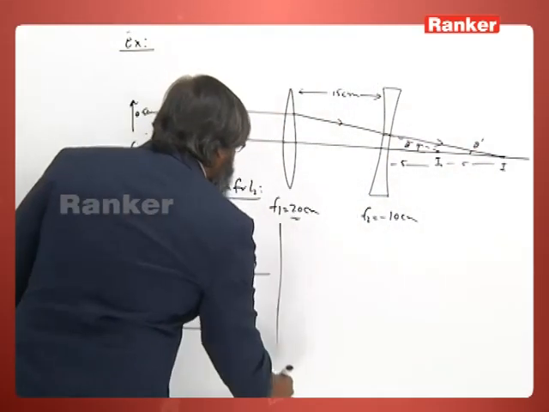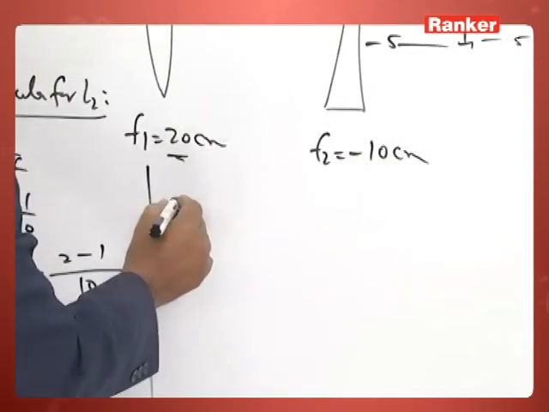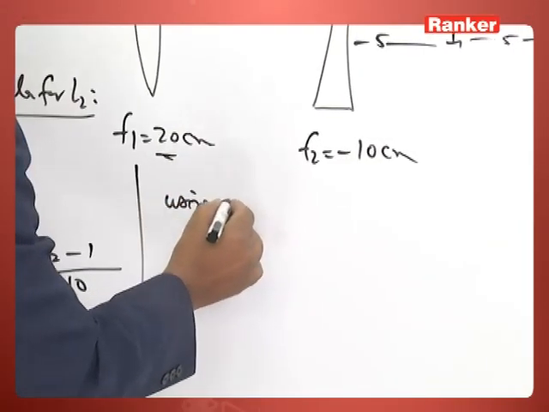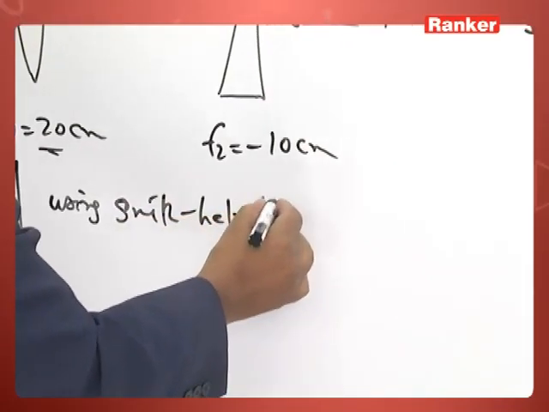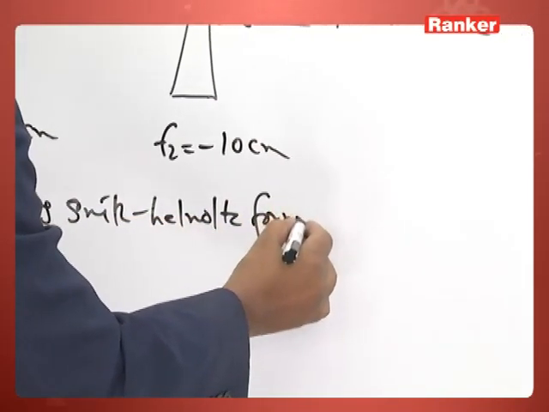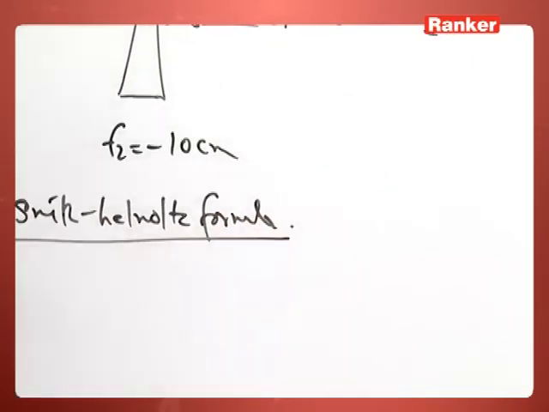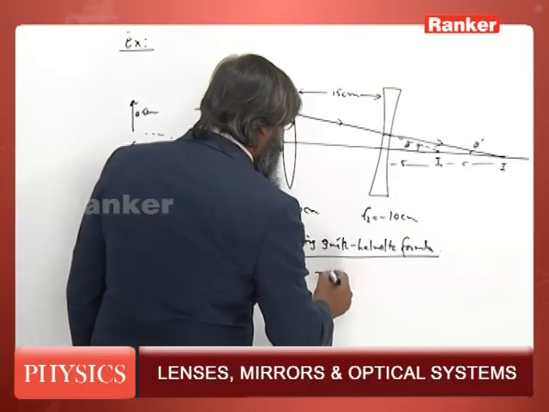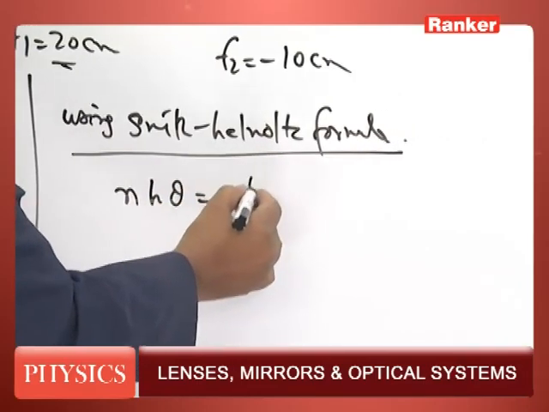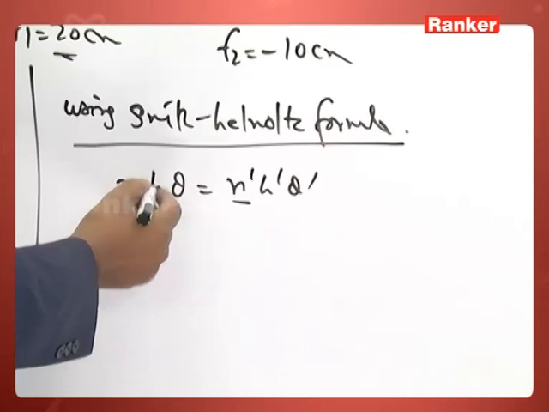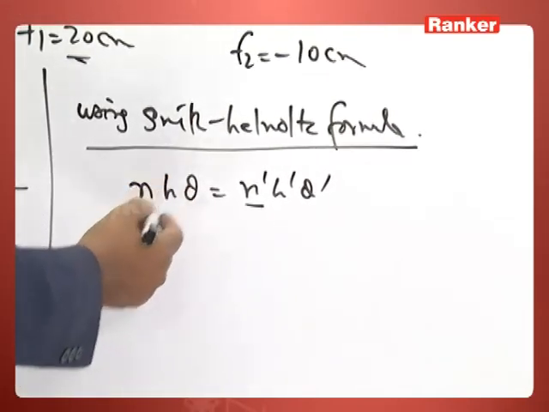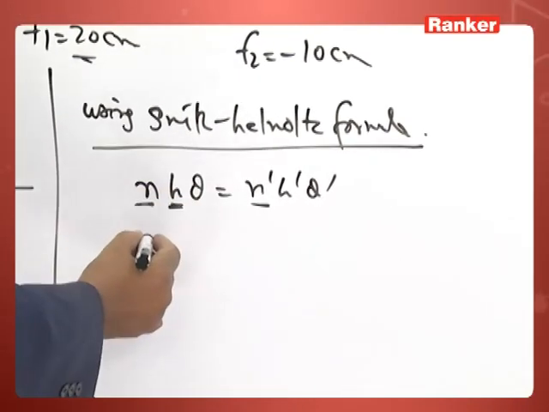So, using the Smith-Helmholtz formula or Lagrange invariant, whatever you call it, we have n h theta is equal to n dash h dash theta dash. You see these two n are 1, so we need not bother. H is 0.5 centimeter.